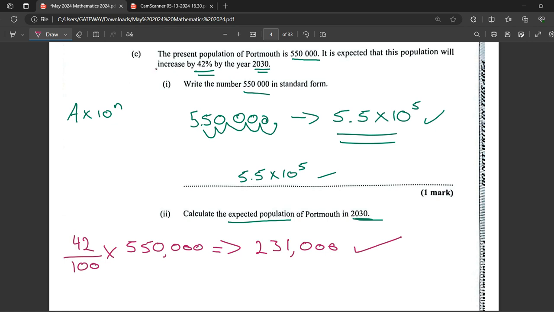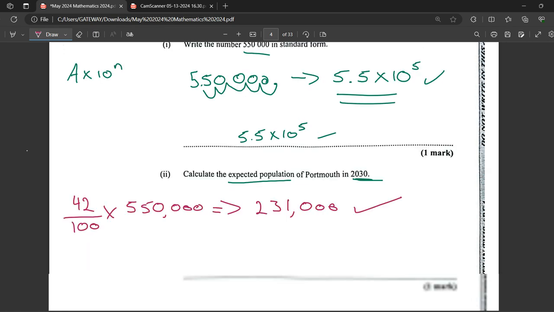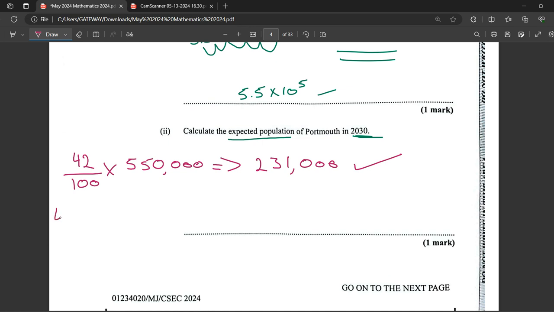But I said increasing by this percentage. So therefore, if it's increasing, you have to add this to the original 550,000, right? So the expected population would therefore be equivalent to 231,000 plus the original amount, which is 550,000, right?